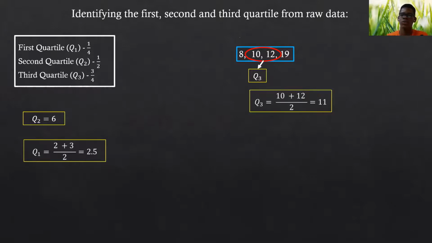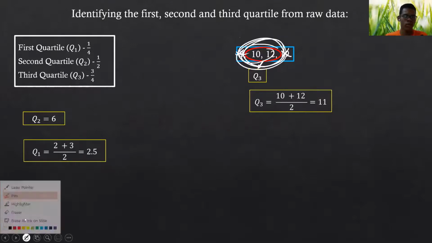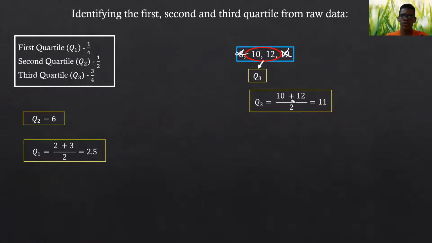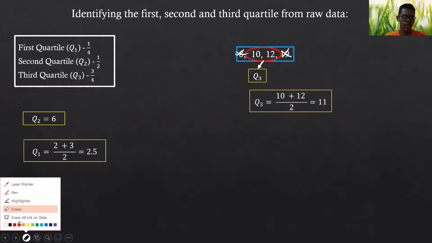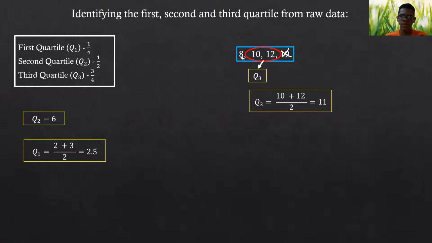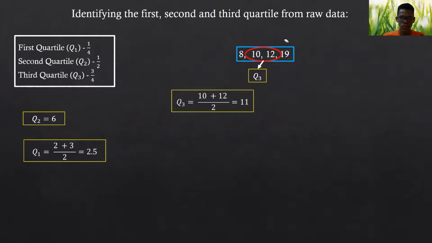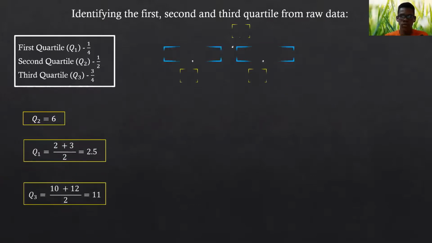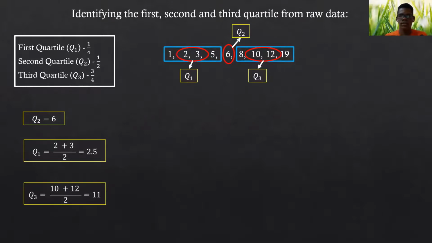And again, we have two values in the middle, two median values for this half. And like Rihanna mentioned, we add those two and divide them by 2, find the average. So 10 plus 12 divided by 2, 22 divided by 2 gives us 11, right? That is it.